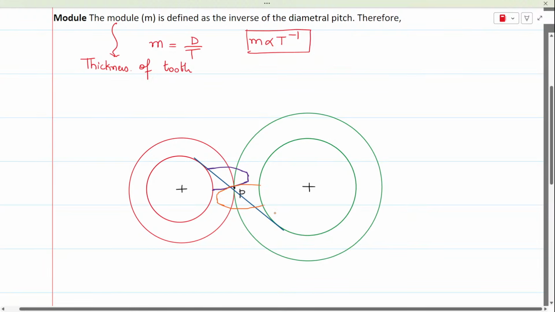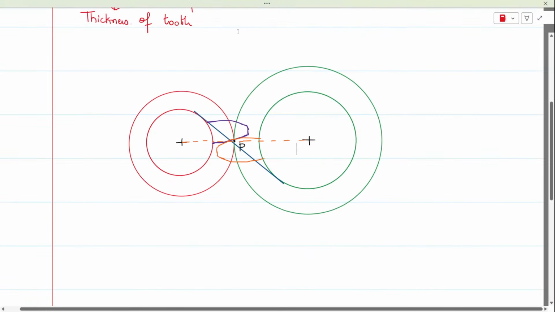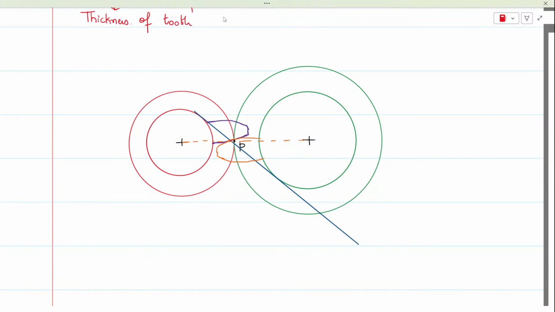If I draw a vertical, this is the line joining centers. This line, the common tangent we have drawn, is called the line of action. Let me extend this. This is called the line of action.